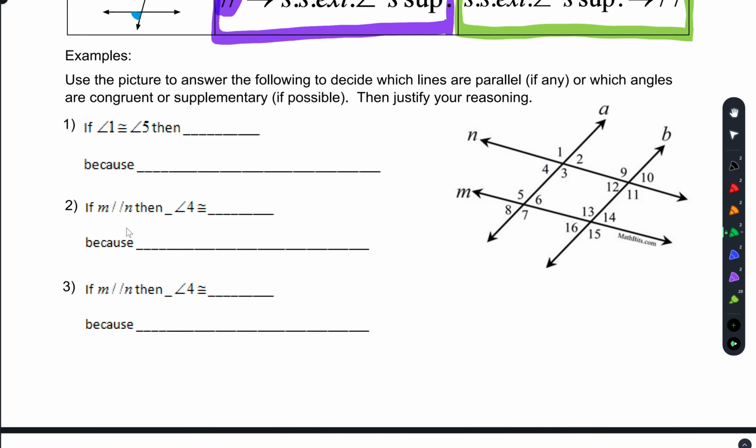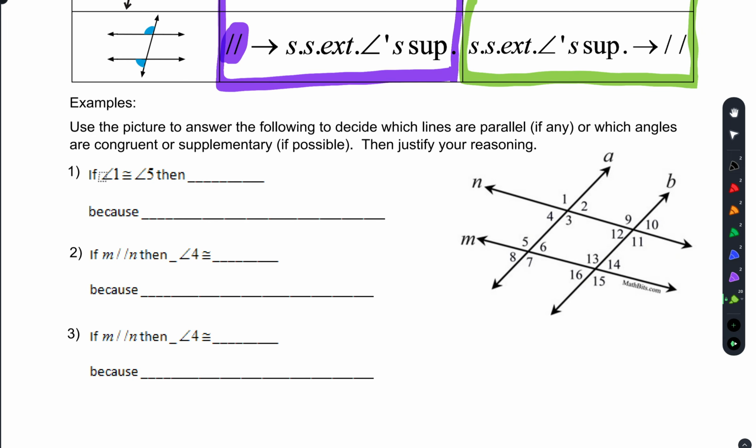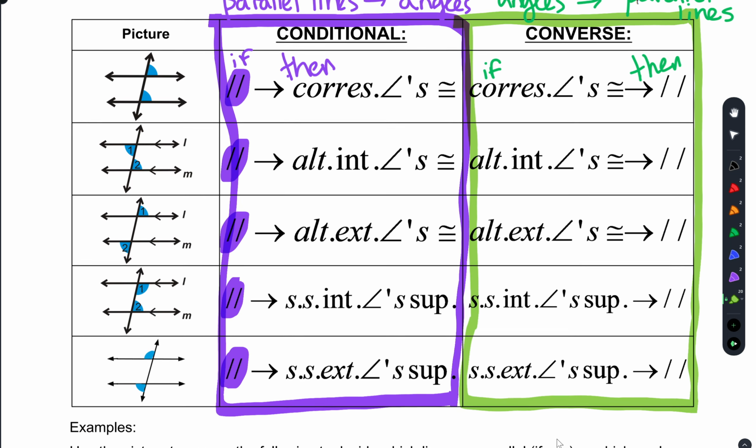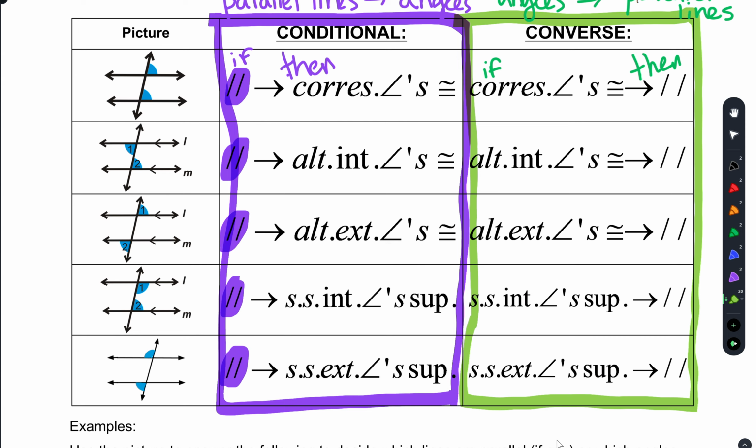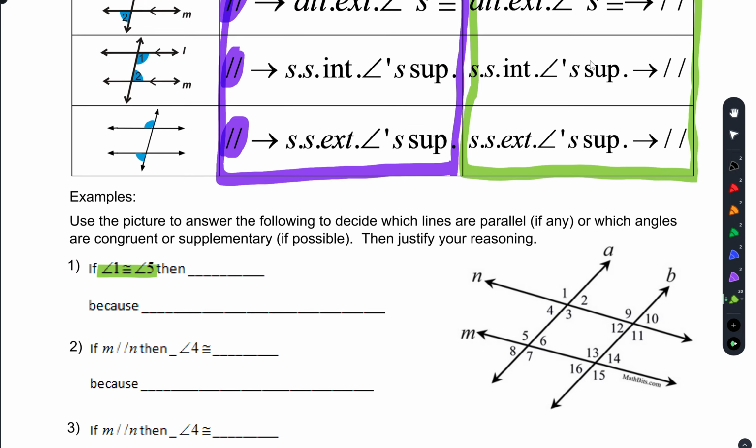So take a look at these first 3. Number 1 says, if angle 1 is congruent to angle 5, then blank because blank. What I am starting with in this problem is information about my angles, which means I'm going to be using the converse, that right-hand column, justifications for the next few parts.